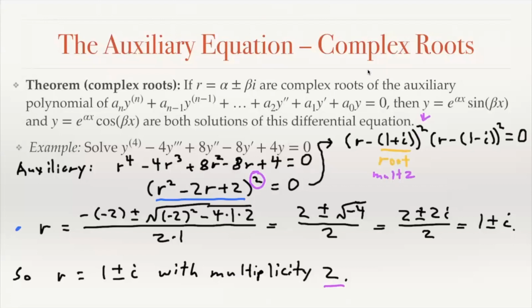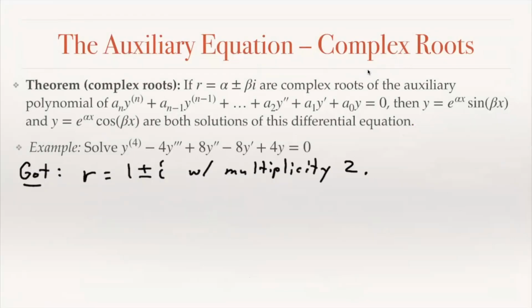So that's one root of multiplicity 2, and this is the other root also of multiplicity 2. Okay, now, r is 1 plus or minus i with multiplicity 2.